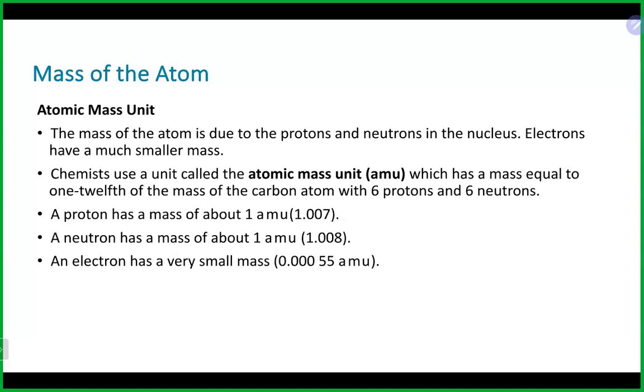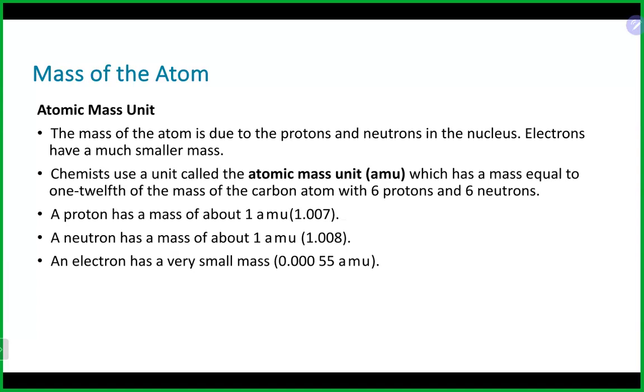Now, the mass of the atom, and the way that we sometimes weigh something, is what is referred to as atomic mass units, or AMU. And much like a lot of things in chemistry, we cannot directly measure something. For example, atoms are extremely small. You can't just pick up one atom of an element and drop it on a scale and weigh it. So in that situation, a lot of times what we do is we pick something to use as a standard.